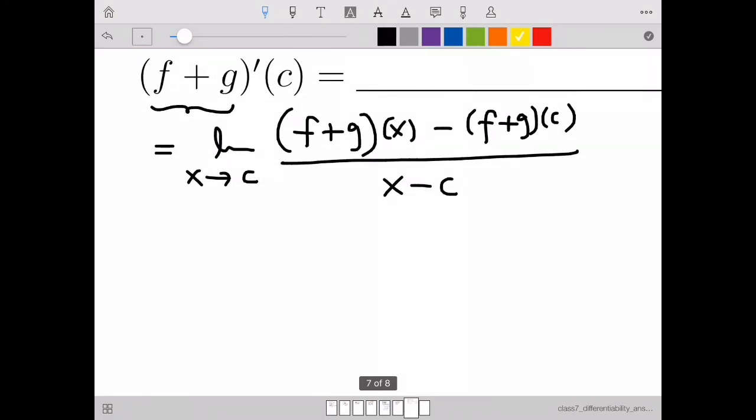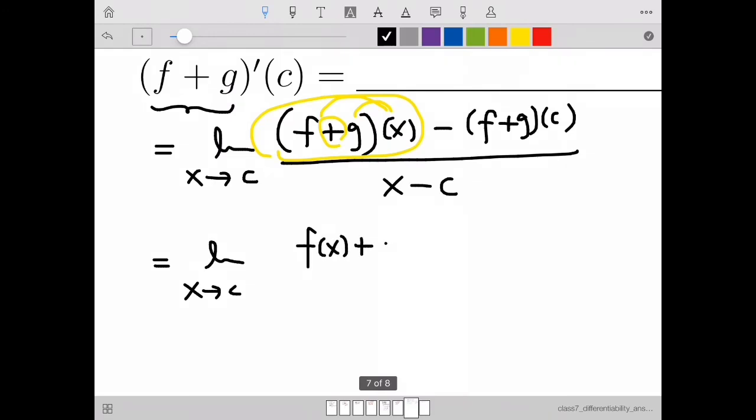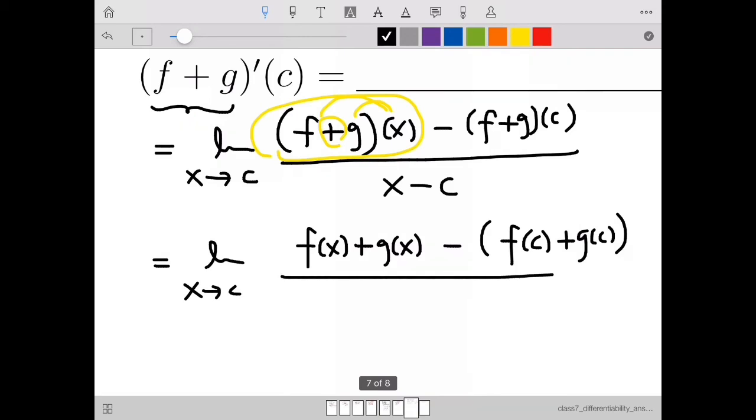So how do we compute the value of the sum of two functions? You take the value of f and the value of g at the point, and then you add them up. That's the definition of the sum of two functions at a point, right? So this is f of x plus g of x minus, this is f of c plus g of c, all over x minus c.